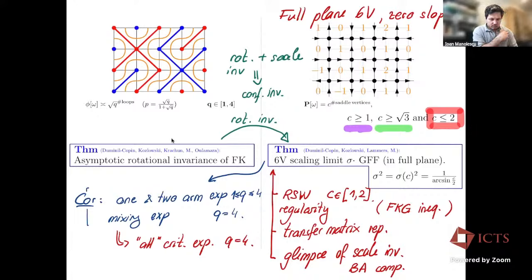Right. Maybe let me just finish by saying that the BKW correspondence that links these two things is particularly easy for Q equals 4. And the lines here, the loops of Fk, correspond to level lines for the height function.